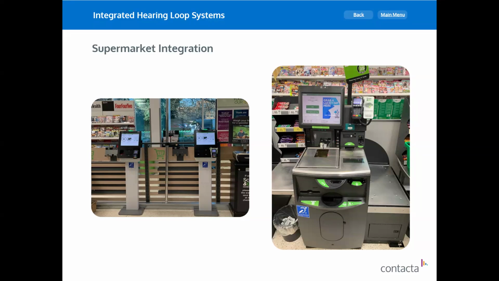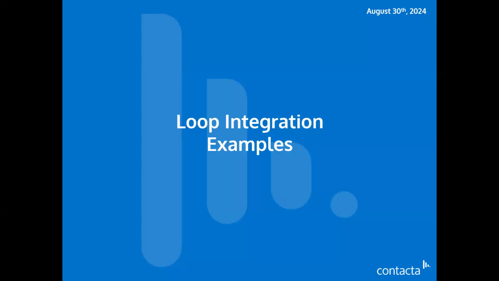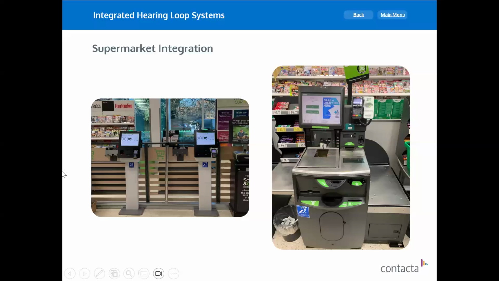So if I'm integrating behind these screens, there's nothing that disturbs the loop signal, the magnetic signal. It comes through plastic and glass, not a problem. And if you look at the angle of those screens, it creates an upwards angle towards the head, so it's absolutely ideal for loops. One thing to remember is signage.